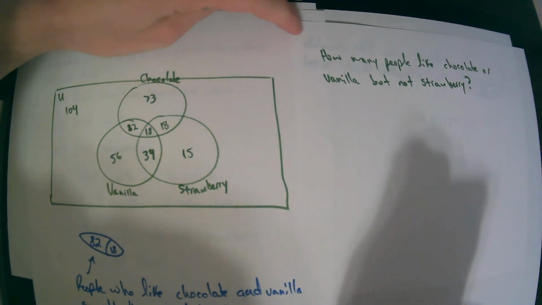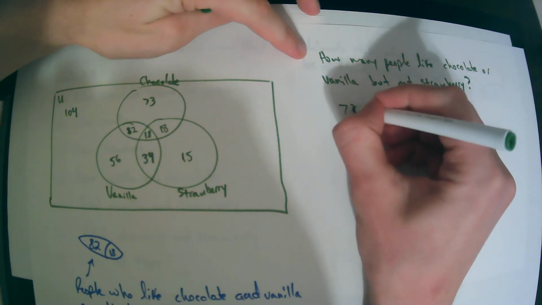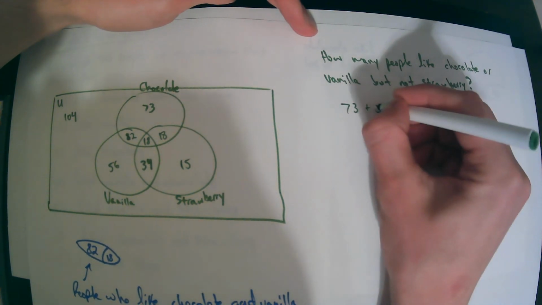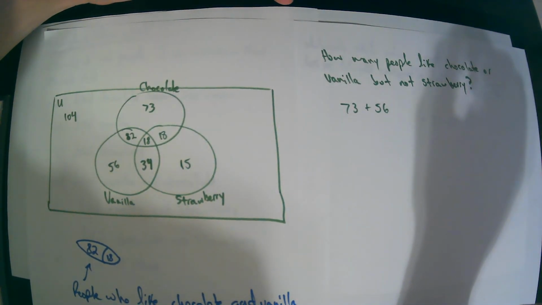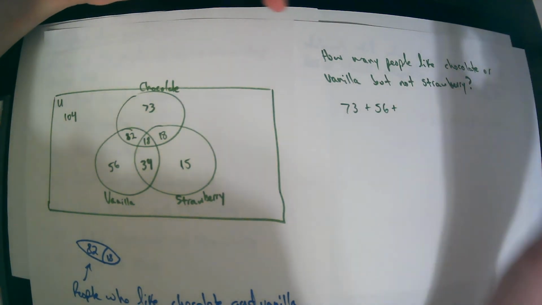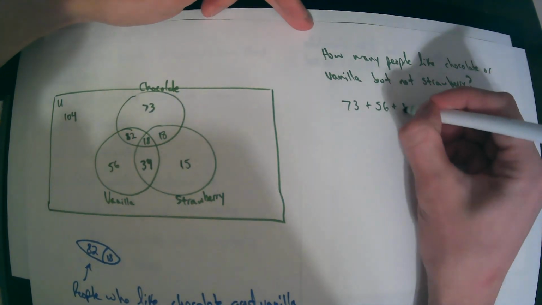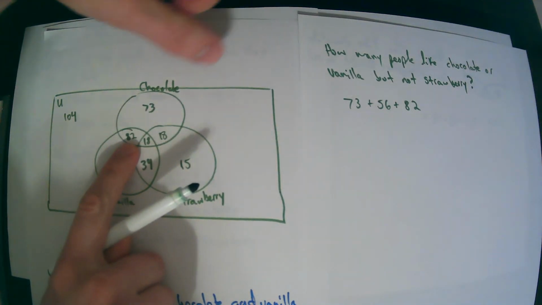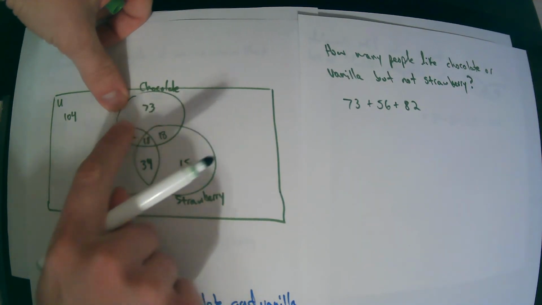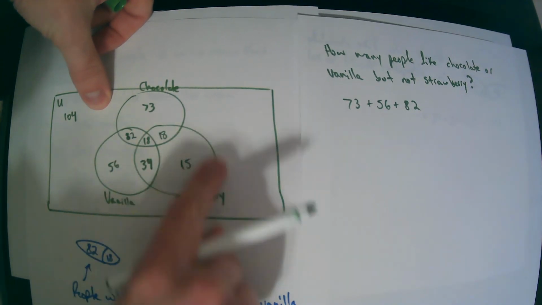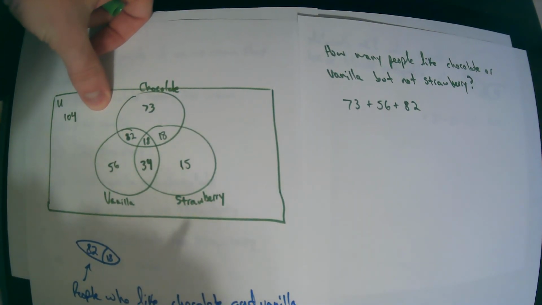Well, that would be the 73 that strictly like chocolate, right? The 56 that strictly like vanilla, or the intersection of chocolate and vanilla, but not strawberry, which is that 82. So we're adding all the numbers, basically adding all the numbers that are not in the strawberry circle.